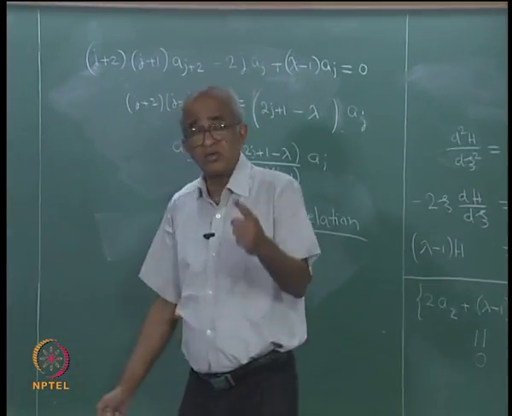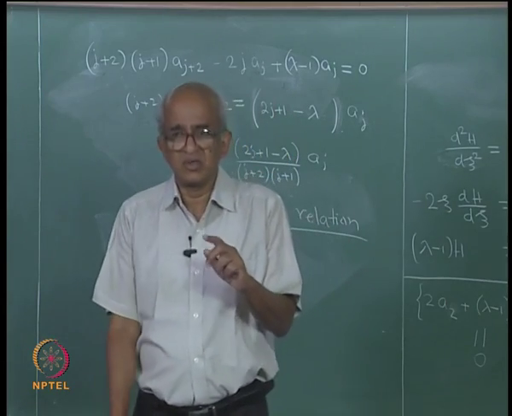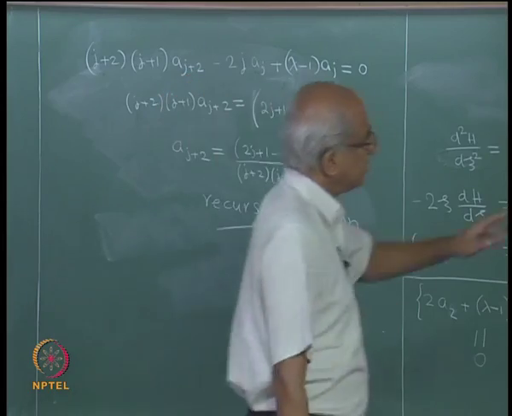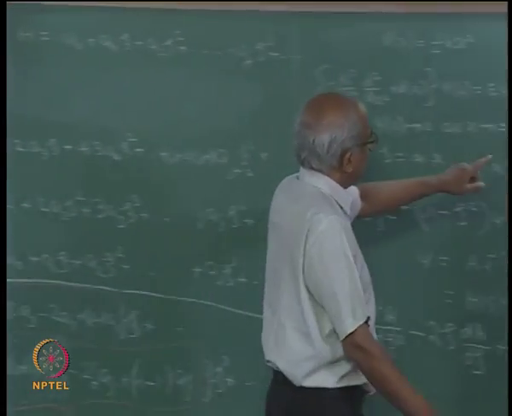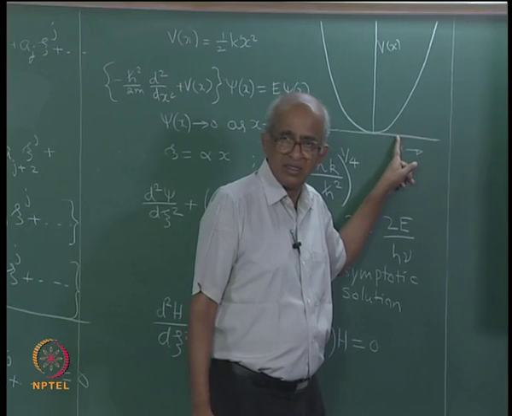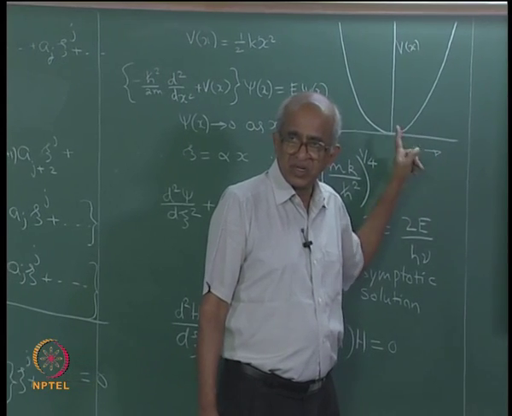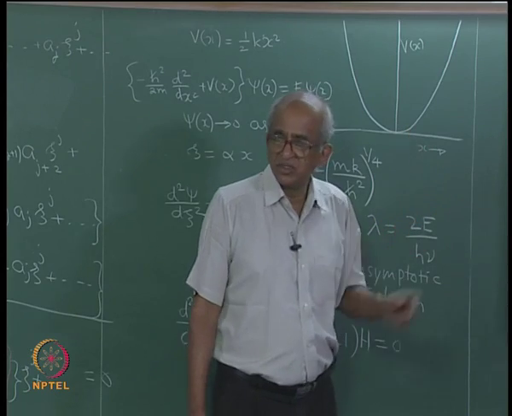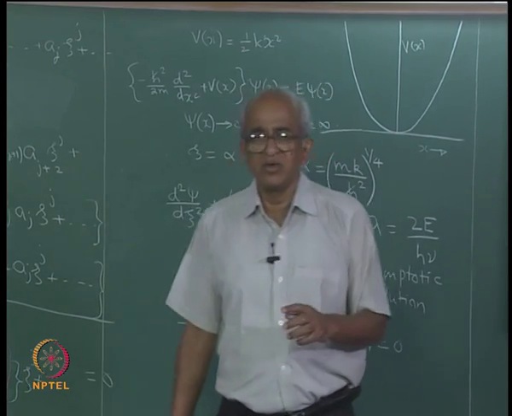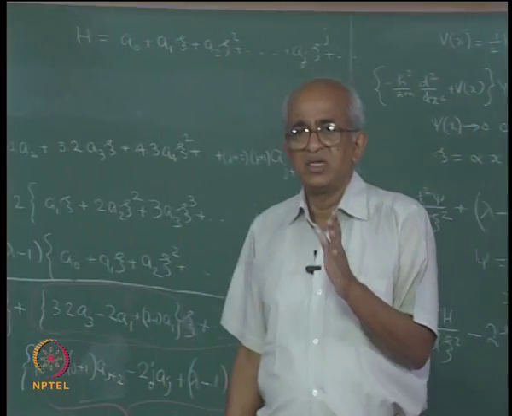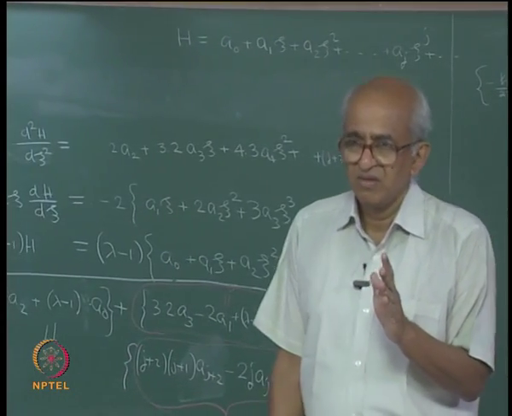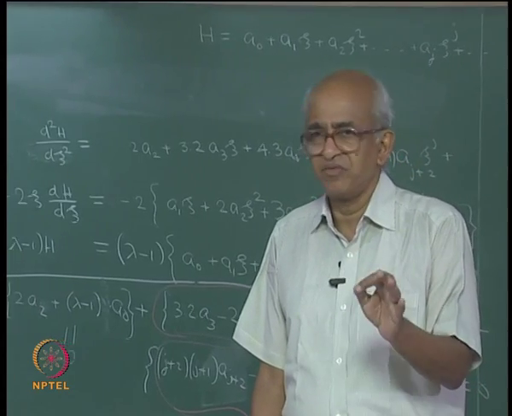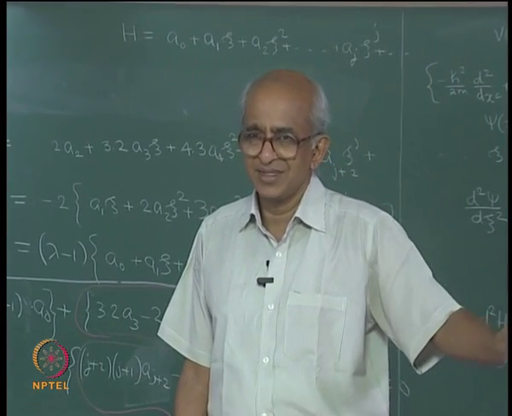But then I can use an information which is already known to us. The information is that this is a potential that is symmetric. So, that means your solution of the Schrodinger equation has to be either symmetric or antisymmetric under the operation of replacing x with minus x.